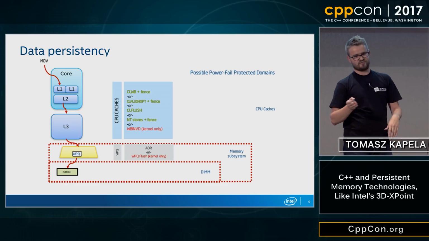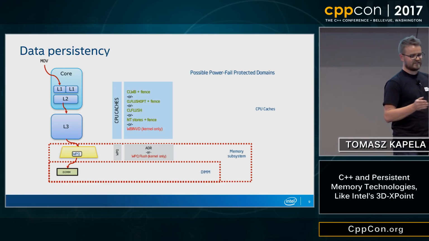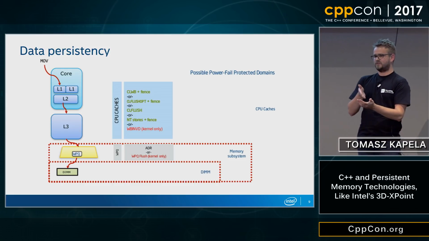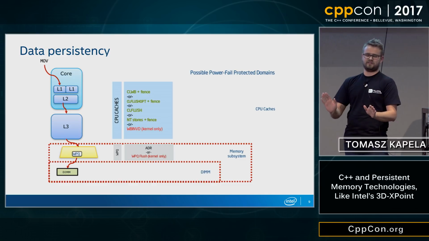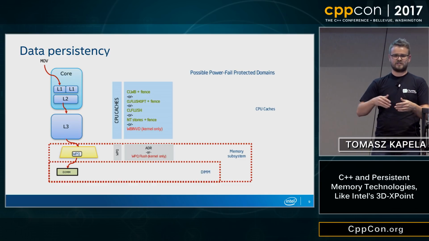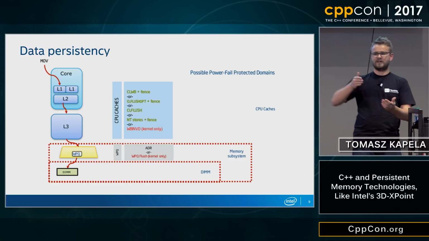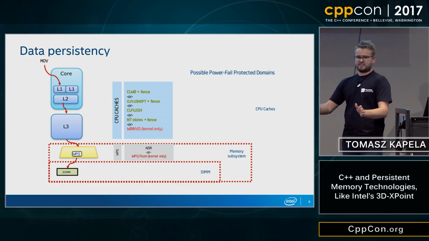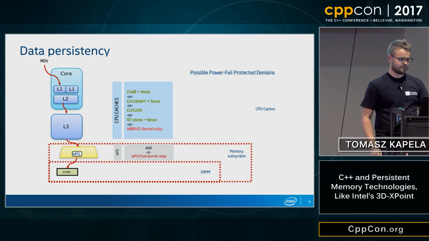It got deprecated before it got implemented in the hardware. So right now, if you flush something to the memory controller, you can assume that it's safe. Even if a power failure occurs, the ADR, which stands for asynchronous DRAM refresh, and I don't know why, just evicts it from the memory controller buffers. So you're safe. It will reach the DIMM.